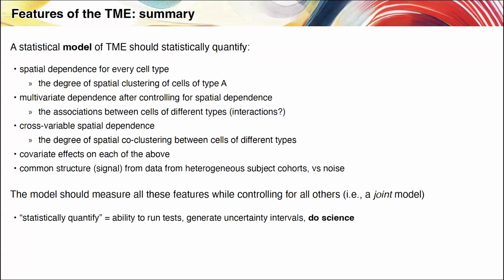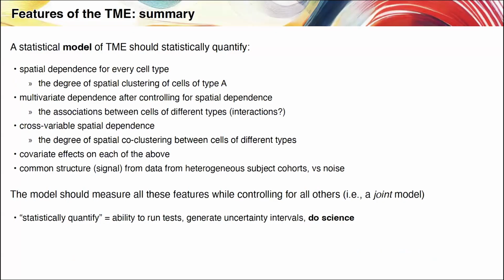We want to quantify how likely it is for two cells of the same type to be together. And then we also want to control for and quantify multivariate dependence. So once we have controlled for all of the spatial dependence, all of the spatial pattern, what are the residual associations between cell types?